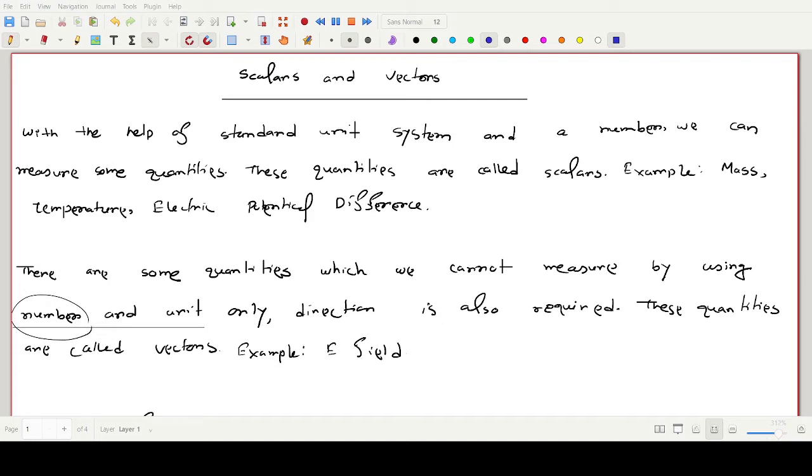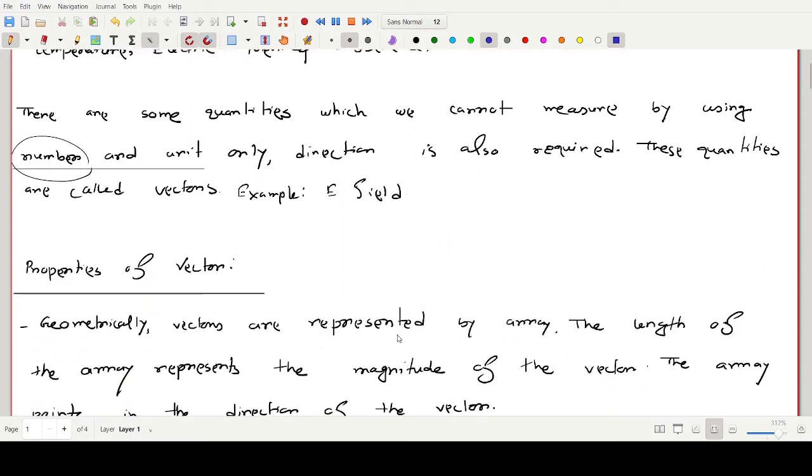To represent or measure quantities like these fully, we need to define the direction also, and such quantities are called vectors. These are the definitions which are well known to you.